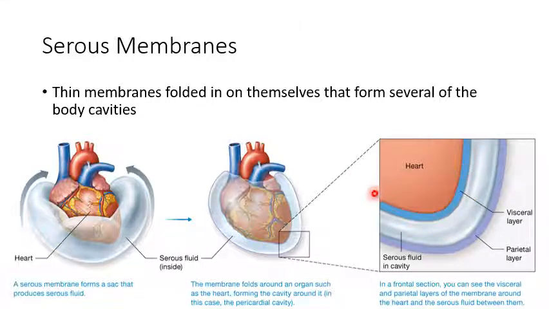The deep layer is the visceral layer, which is directly touching whatever organ the serous membrane is enclosing. The superficial layer is called the parietal layer. In between them, you have a space filled with fluid, and that fluid acts as lubricant to reduce friction.